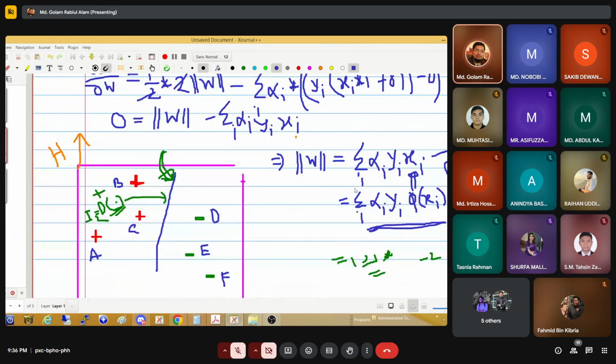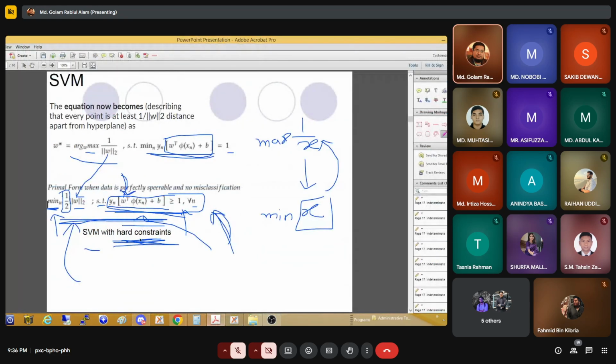Utilizing these two equations, we can derive some other equations also, specifically by replacing the value of w. So what are those equations? I think it's better if we directly show you from our lecture slide.